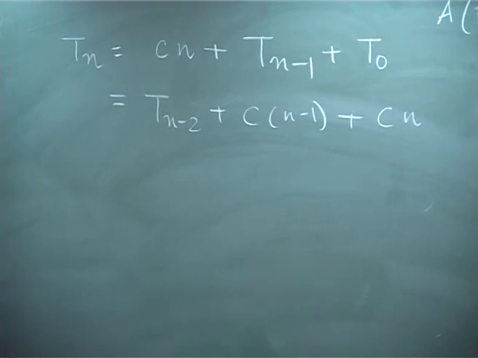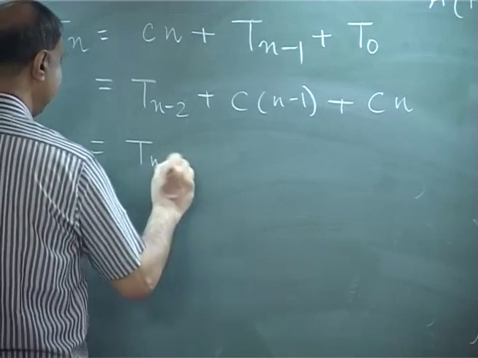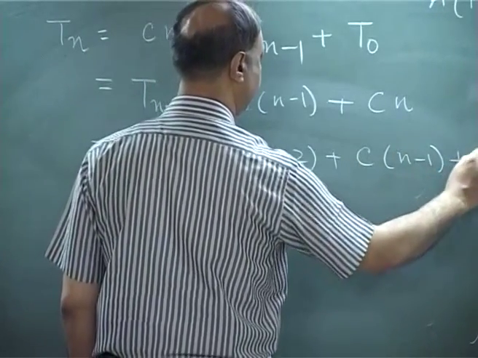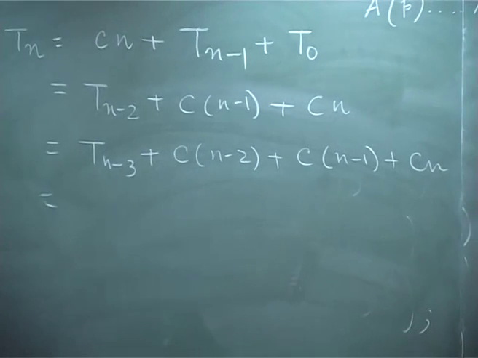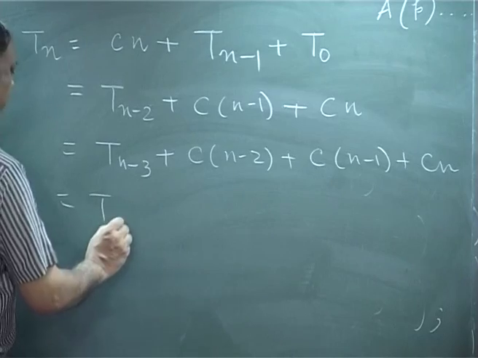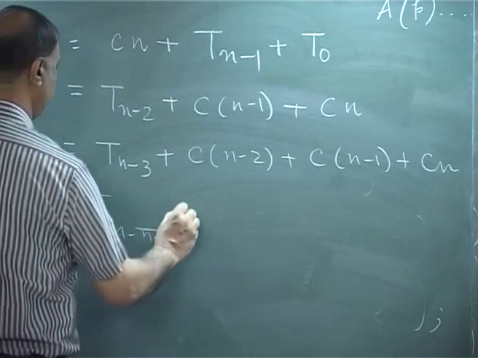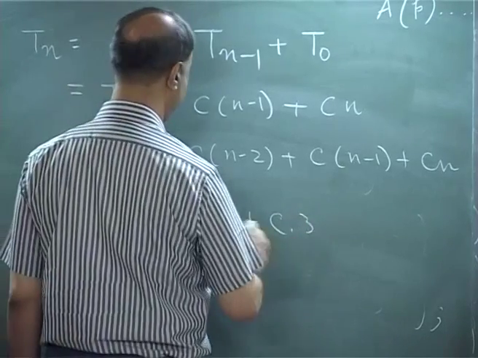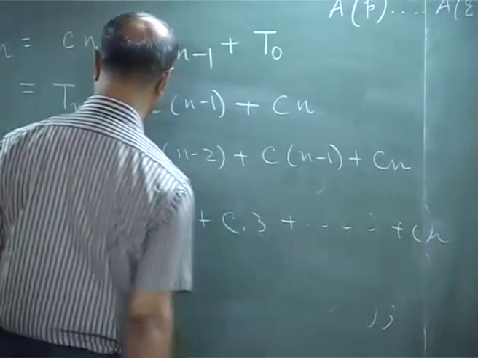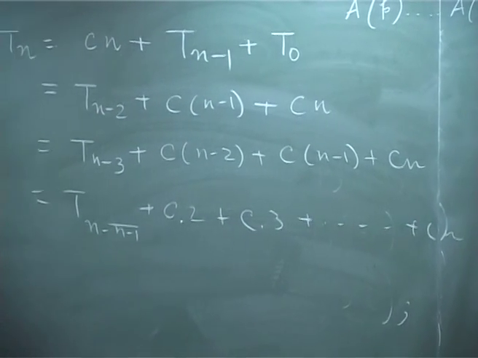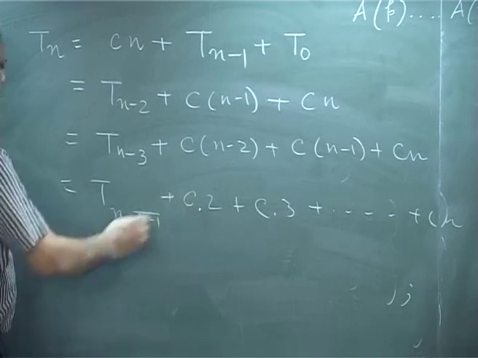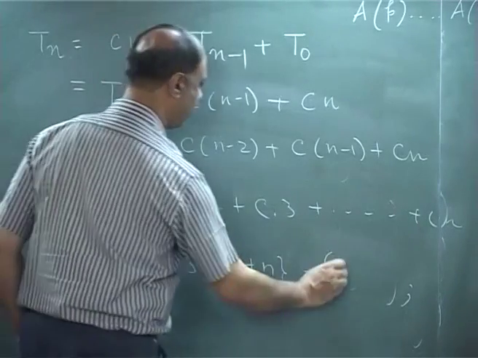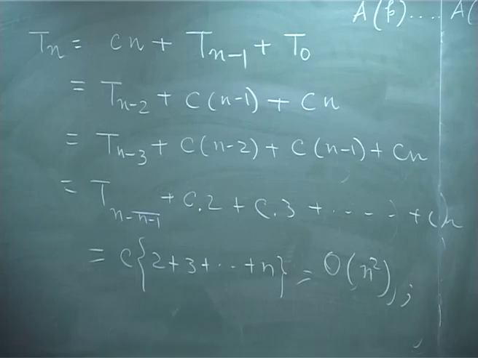Next time, again, no elements on one side, so you get down to 1, and T(1) is 0, so you get C times (2 plus 3 plus ... plus n), which is order n square. So in the worst case, it comes to order n square.